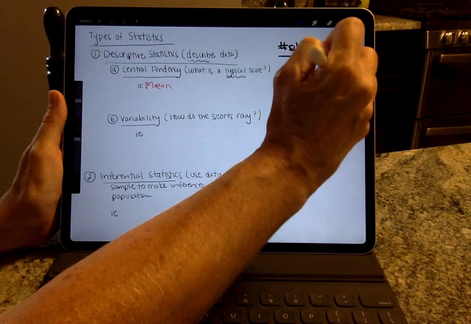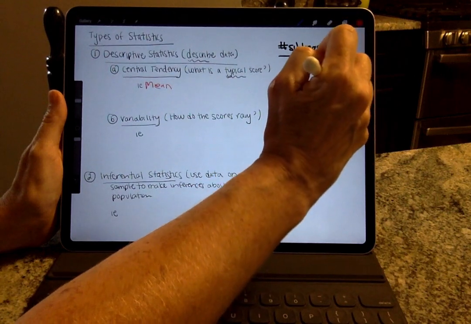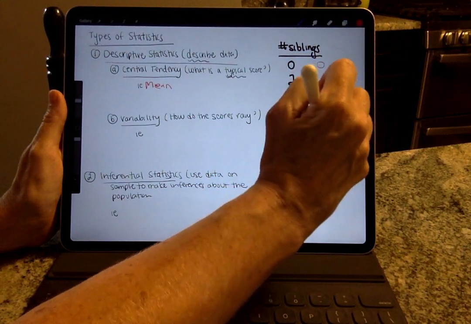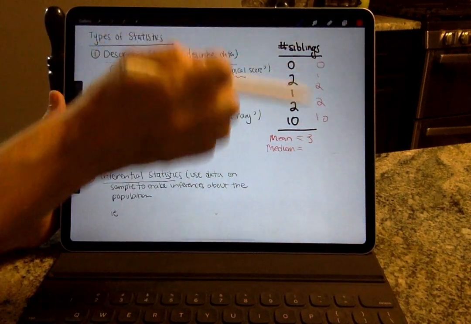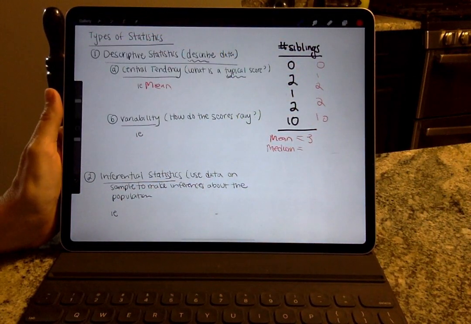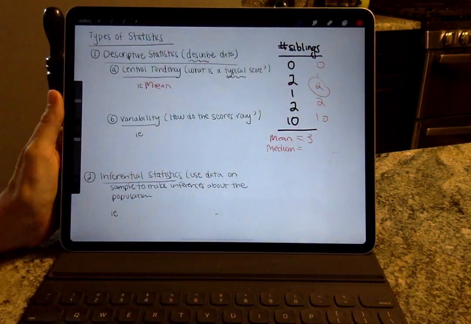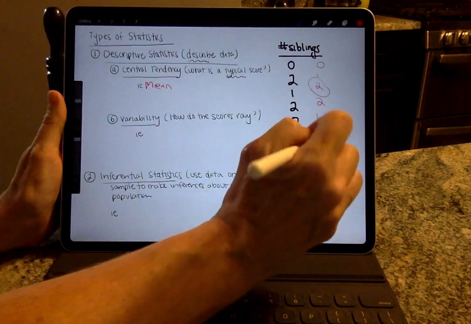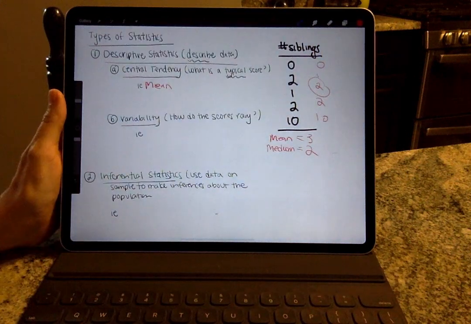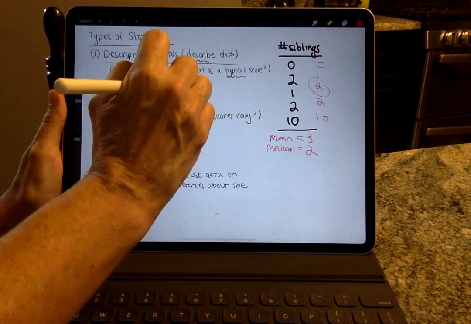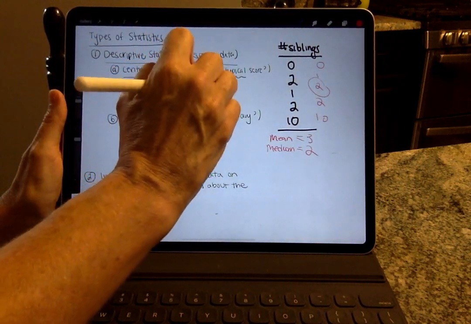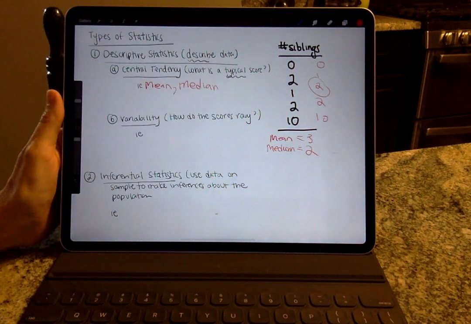So over here, I'm just going to reorder it: 0, 1, 2, 2, and 10. Now these numbers are in order, and the number that's in the middle is 2. So in this data set, the median is 2. And again, the median is another measure of central tendency.